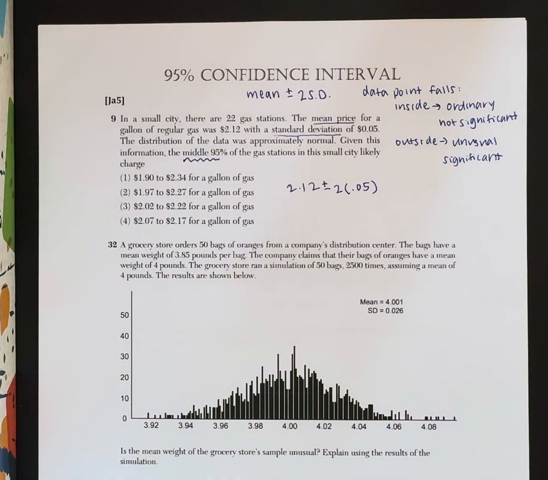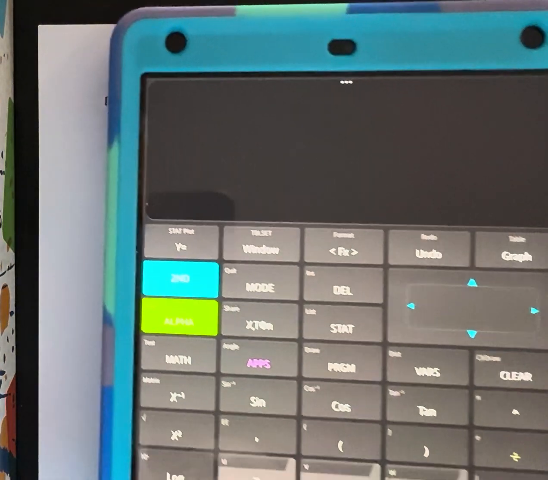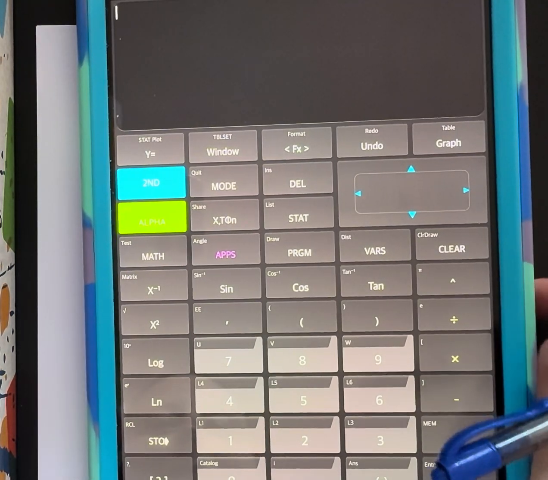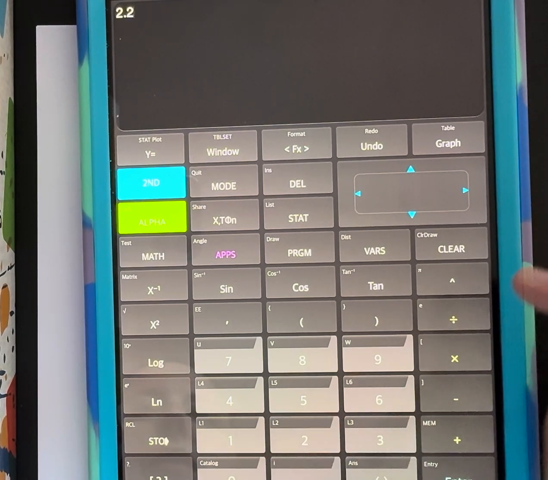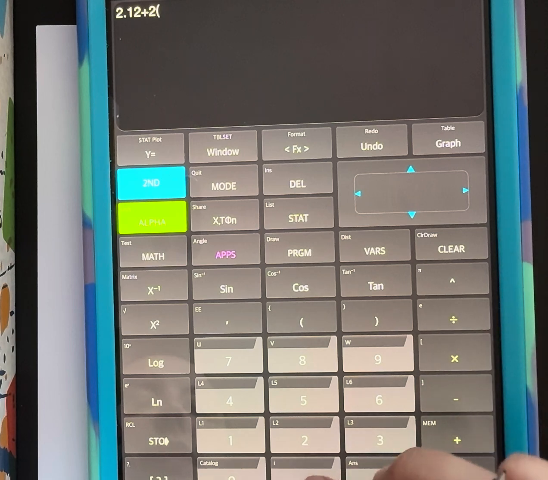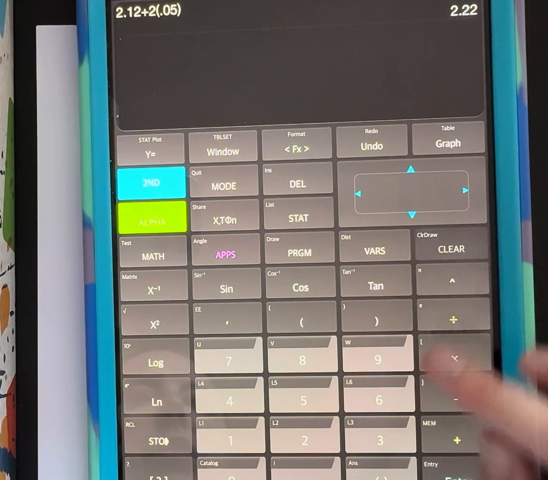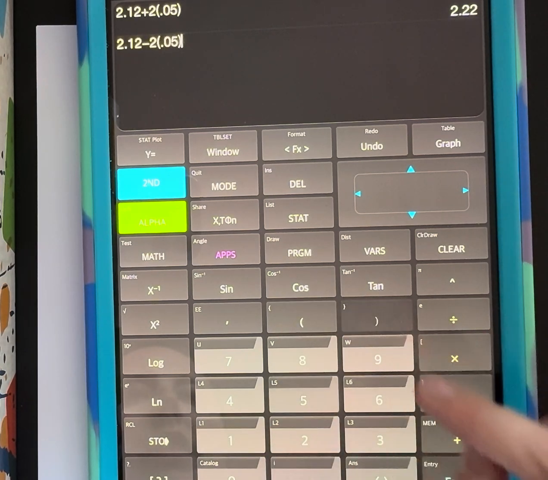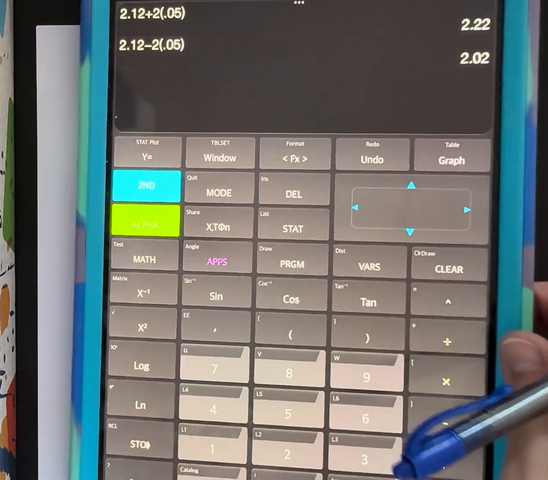Now I have my calculator on my iPad because I don't have my regular calculator with me right now. So $2.12 plus 2 of the 5 cents, and then also $2.12 minus 2 of the 5 cents. So we've got 2.22 and 2.02.